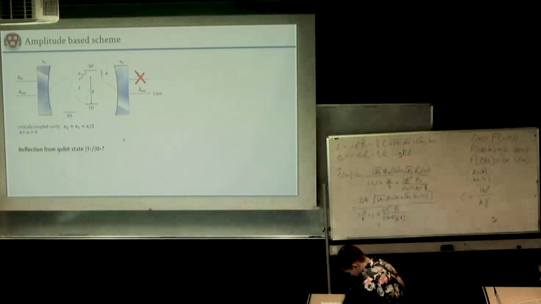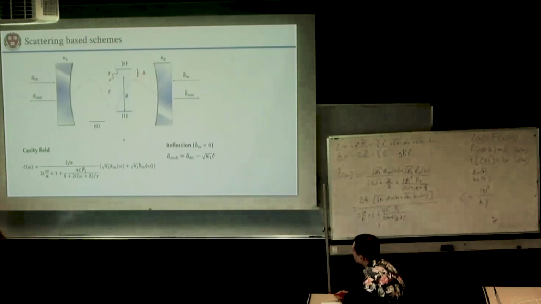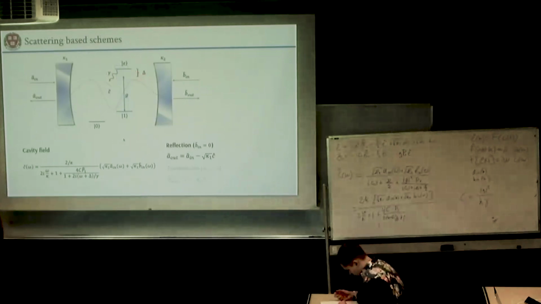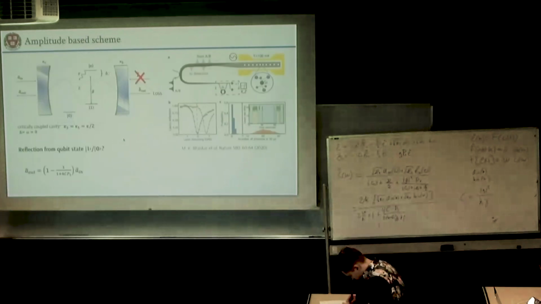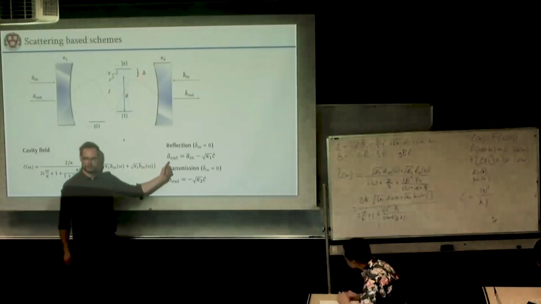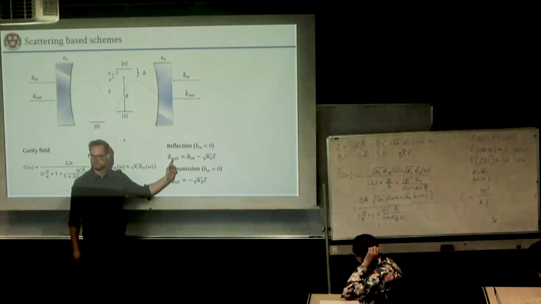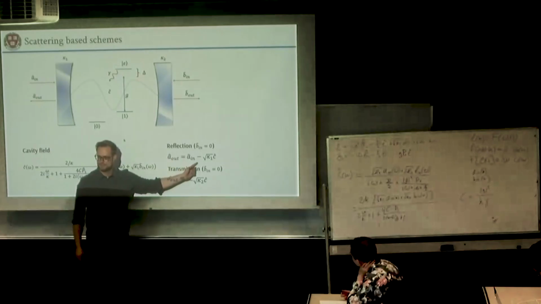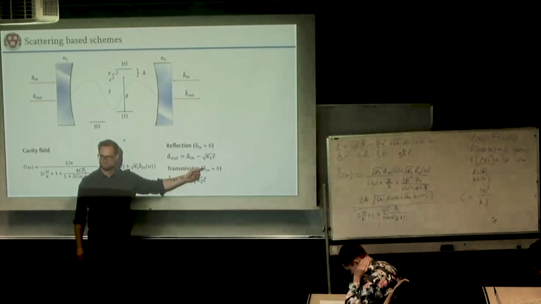You should derive that from this, or actually it's over there as well, you can use it there. This is how we get expressions for how the output field looks in terms of the input field.